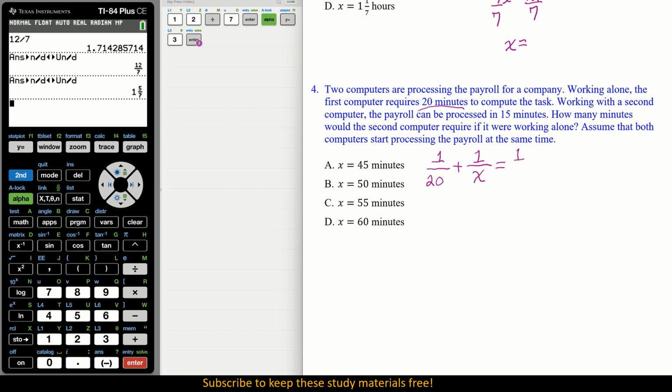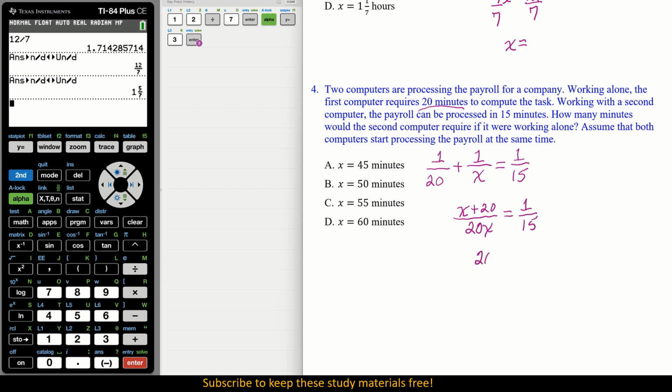Together, they can do the one job in 15 minutes. What I like to do is solve it the exact same way. My denominator will be 20x. That means my numerator is x plus 20, all equal to 1 over 15.